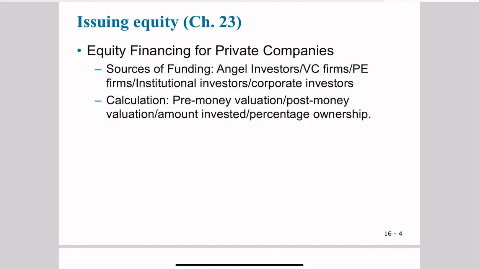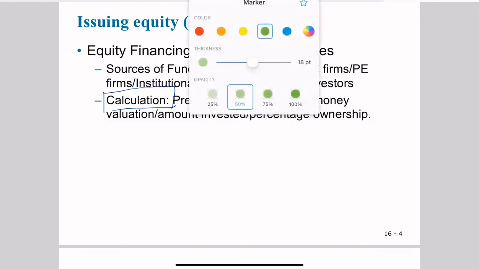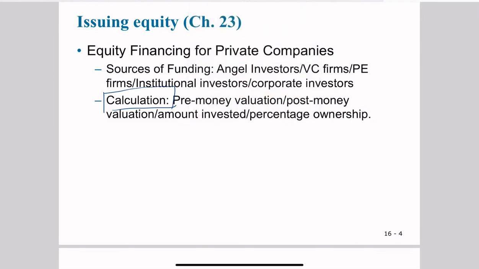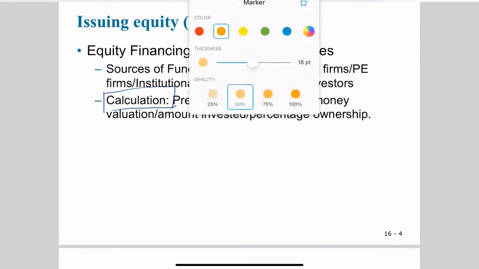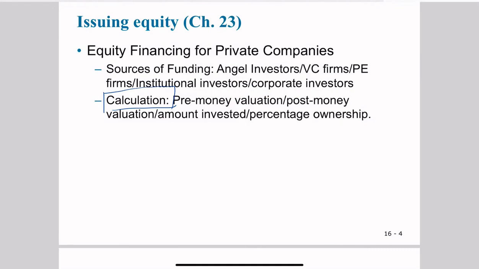Then we discussed pre-money valuation, post-money valuation, amount invested, and percentage ownership. This part requires some calculation, and you can expect the final exam will focus a lot on calculation.